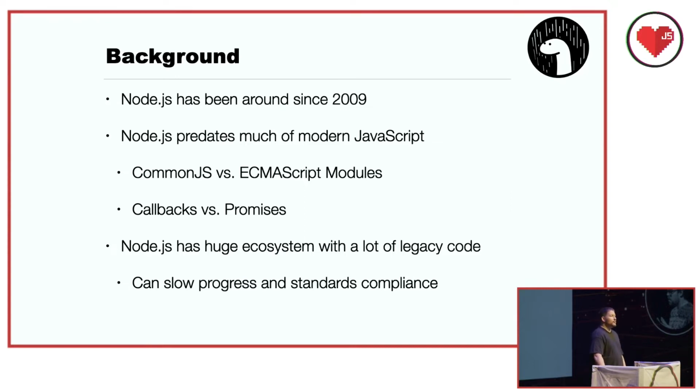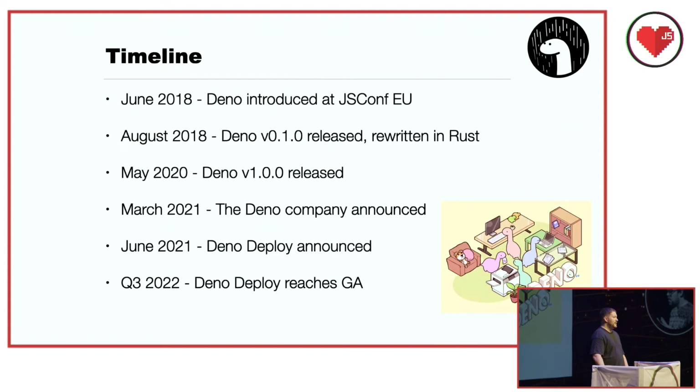It's nice to have a lot of users, but that huge ecosystem can actually slow down progress because there's a lot of backwards compatibility concerns and things like that. Legacy code that's no longer maintained because the maintainers have moved on to do other things. So that can really slow down progress and especially hinder things like standards compliance. A lot of people have complained about that.